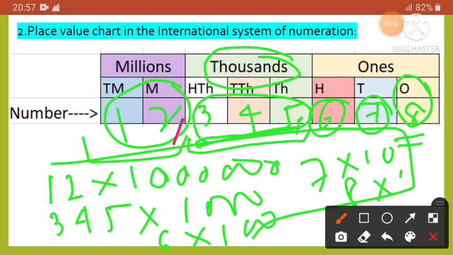Then 345,000, you have to put a comma here. Then 678. So we can express any number by placing the number in a place value chart of either Indian or international systems of enumeration. The numbers can be written in figures and also expressed in words according to the position of the digit in the place value chart.